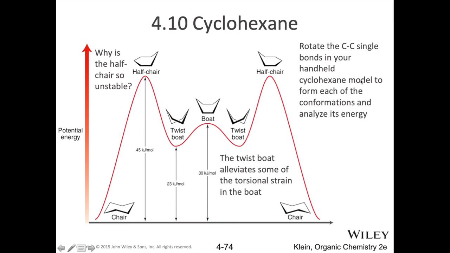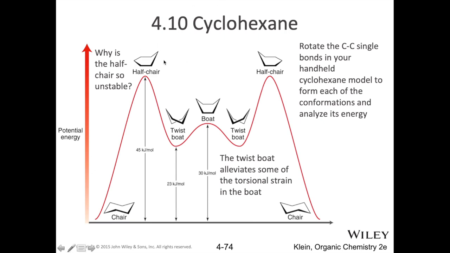If you want to compare the stability of these, build a model of cyclohexane and try twisting it from one chair conformation to another. As you go through it, you can see a little better how the interactions yield more stable or less stable conformations.